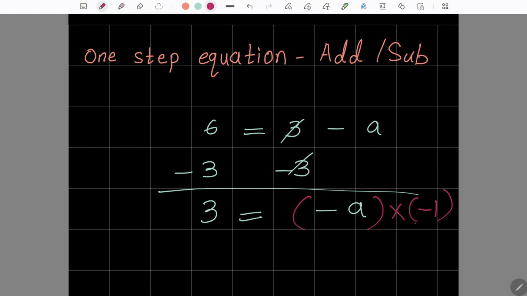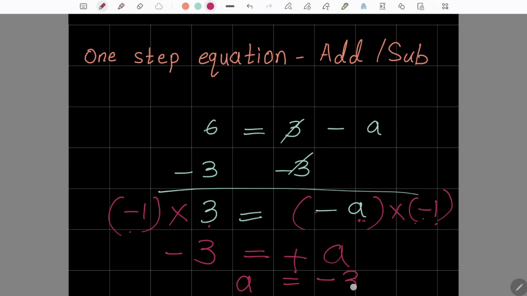Since we multiplied this by a negative 1, you need to do the same to the left side of the equation. So 3 times negative 1 is minus 3. Minus into minus is plus. 1 in a into 1 is a. So a equals minus 3. If it's not clear, you can drop a message in the comment section.